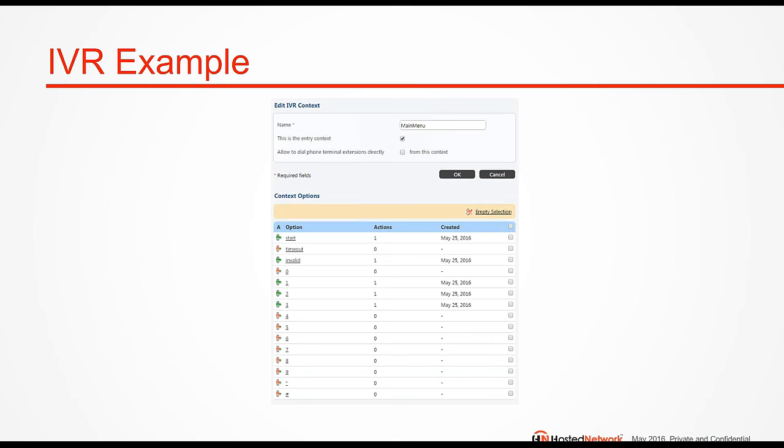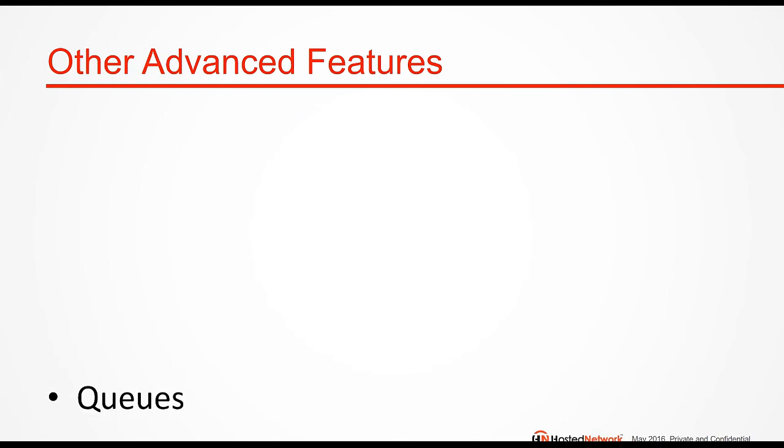So we've gone over the most common advanced feature that we have in our VoIP system, or that we're discussing with our partners. Some other advanced features. Number one is queues. So if you think of queues as hunt groups or line hunts, that's what they're most commonly called on the Telstra or Optus side.